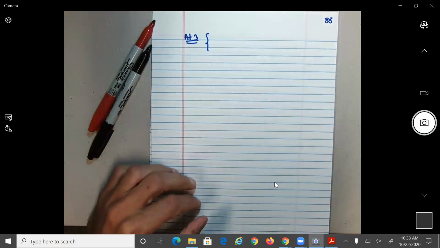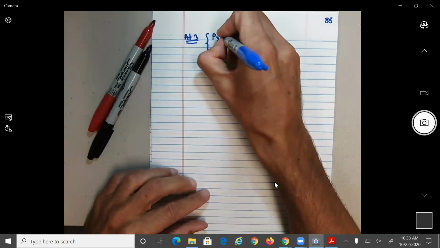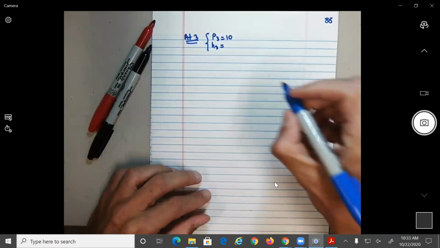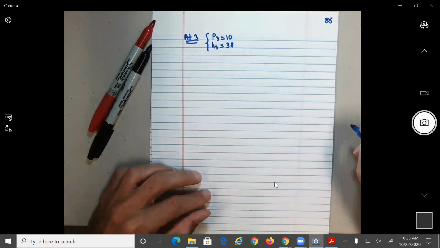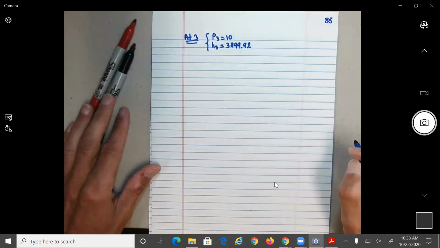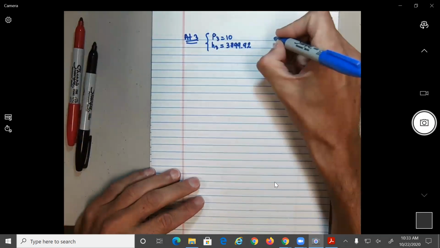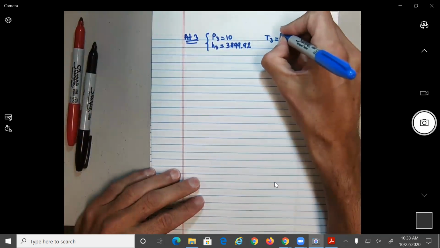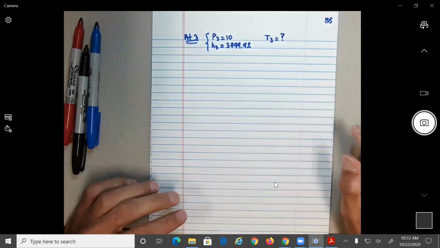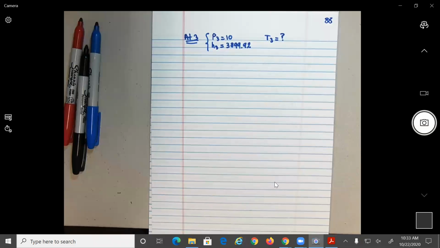We know that P3 is 10 bars, and we know that H3, which we just calculated, is equal to 3,899.92. We need to find T3. So how do we find T3? If we know two things, we're going to have to go to the tables and interpolate, no? Not going to be that fun.